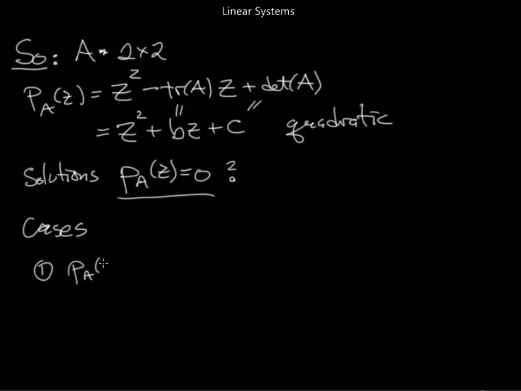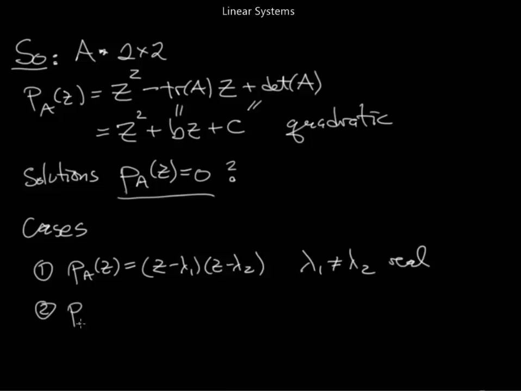When you have a quadratic, it could be a product. It could have 2 distinct real roots, lambda 1 and lambda 2. That's the nicest case. Another possibility is that it has a single repeated root, z minus lambda squared.